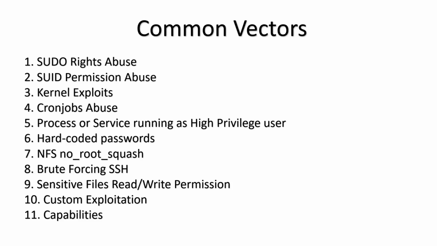Next one is NFS no root squash. NFS is a file system which allows remote mounting of file systems. So if your vulnerable target has NFS turned on and it has no root squash, then you can simply mount the share which is available for NFS mounting, and then create your own malicious file with root privileges and run it on the vulnerable machine.